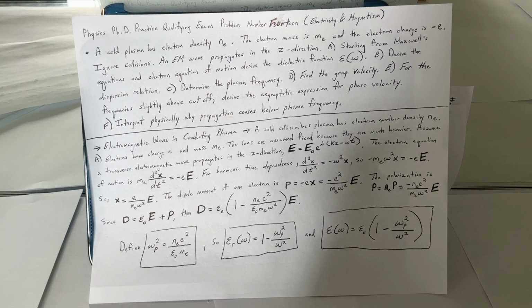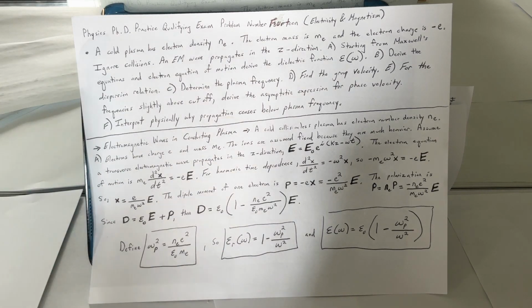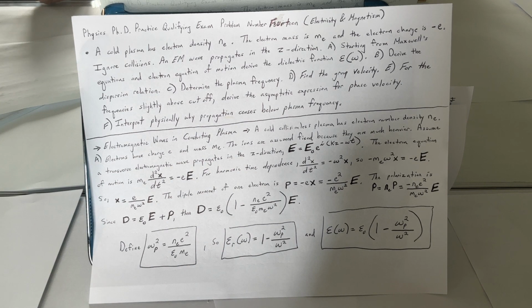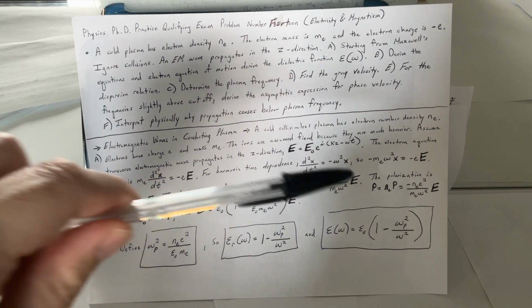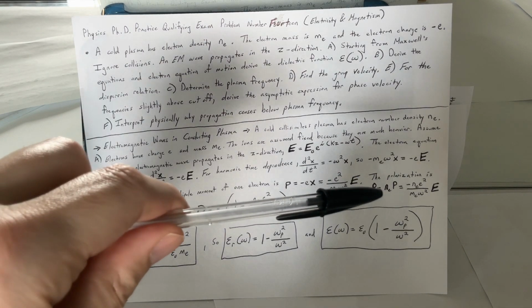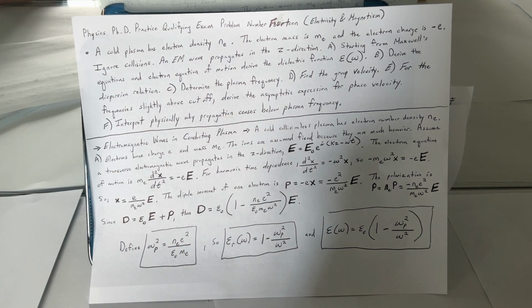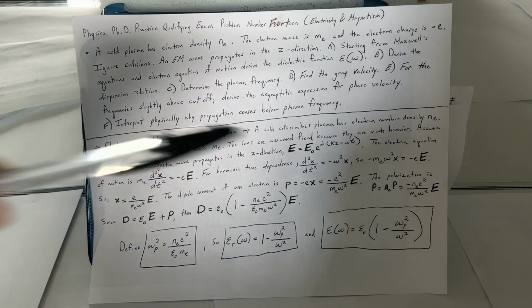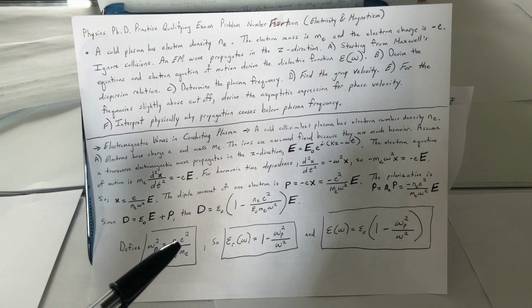The dipole moment of one electron is p equals negative e x equals negative e squared over m sub e omega squared times E. And the polarization is P equals n sub e p equals negative n sub e e squared over m sub e omega squared times E. So we define omega sub p squared equals n sub e e squared over epsilon naught m sub e.